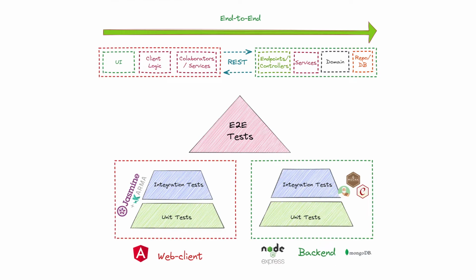In the context of my project, the end-to-end testing will be going from the web client interface through all layers of the application to the database on the backend. And we know that this kind of testing will be slow, costly, brittle, and won't give us a lot of information about practical bugs if something goes wrong. So the question is, do we really need this type of testing?